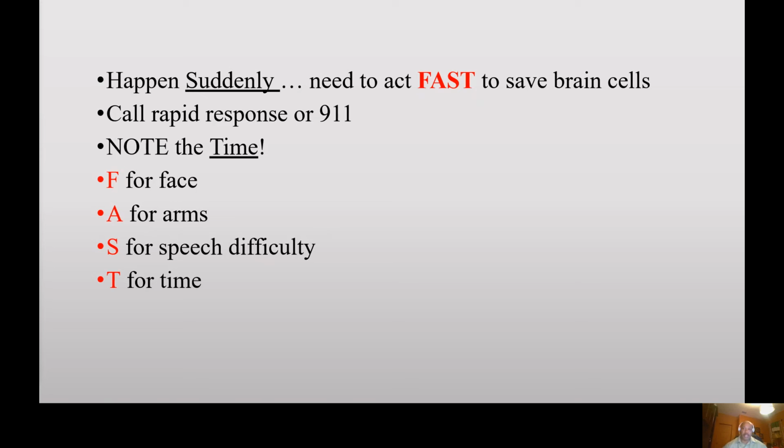Now, if someone goes to sleep and wakes up the next morning with those symptoms, we typically go by the last time that they went to sleep. So if they went to bed at 12 o'clock and at 6 o'clock in the morning woke up with these symptoms, then we have to go back to 12 o'clock. And so in that case, the patient may not be able to receive the TPA therapy, because it has to be given within a certain time frame.